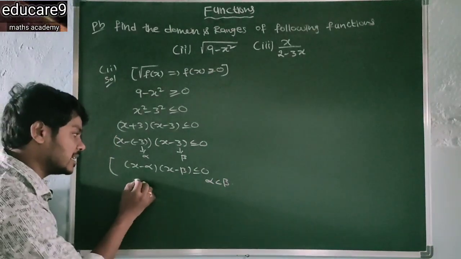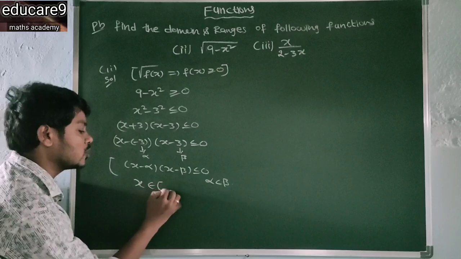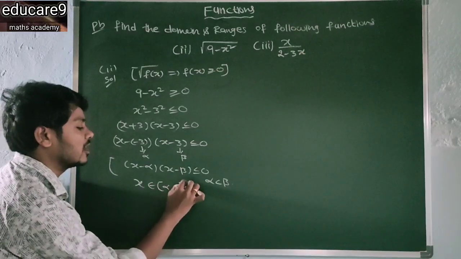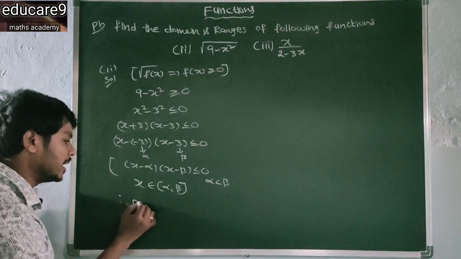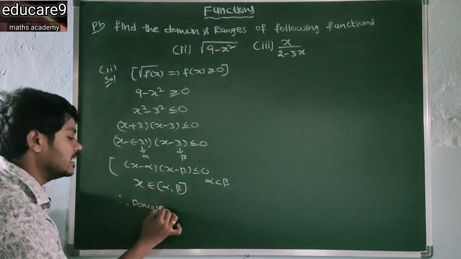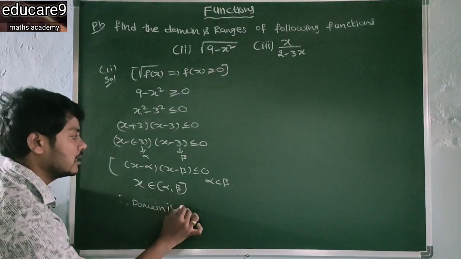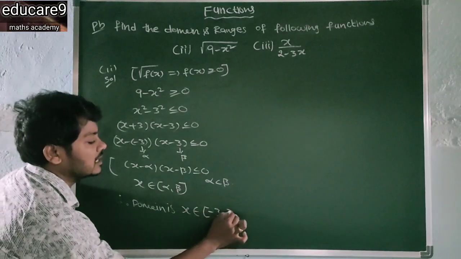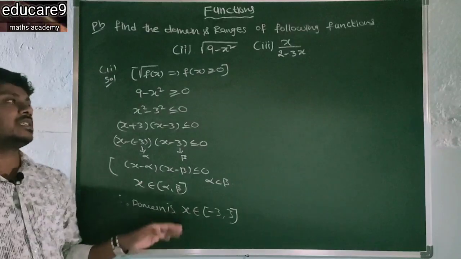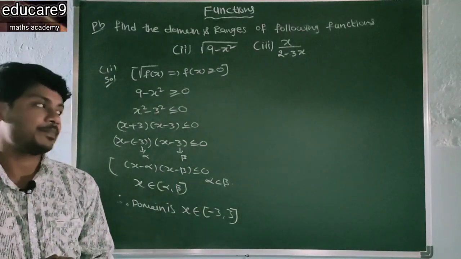So in this case x belongs to the closed interval alpha comma beta. Therefore the domain is x belongs to the closed interval minus 3 comma 3. So this is the domain of the given function.